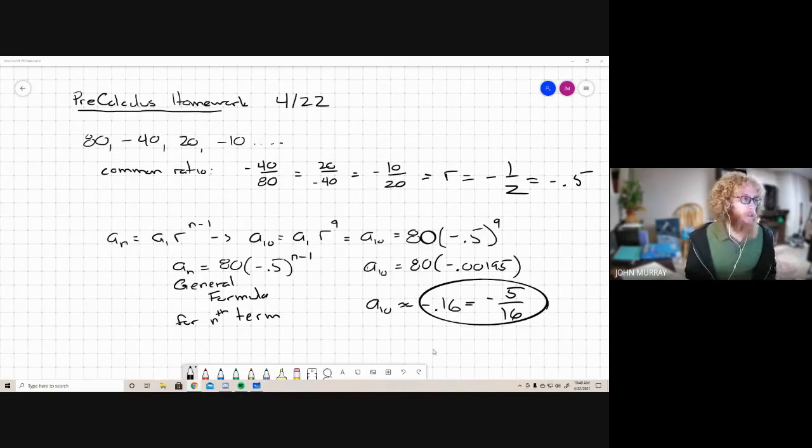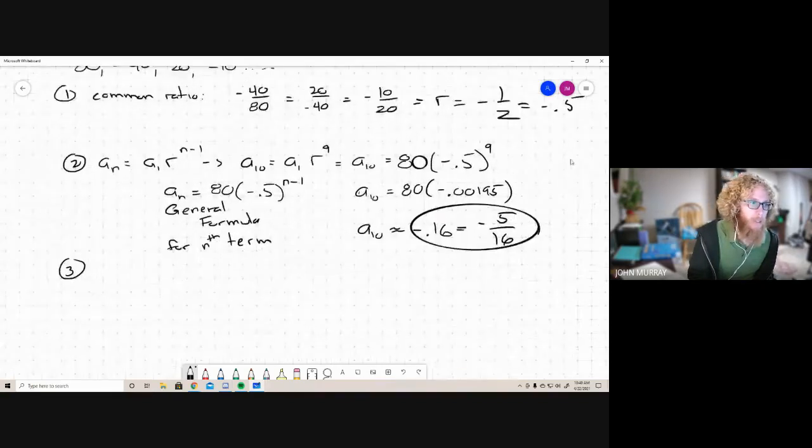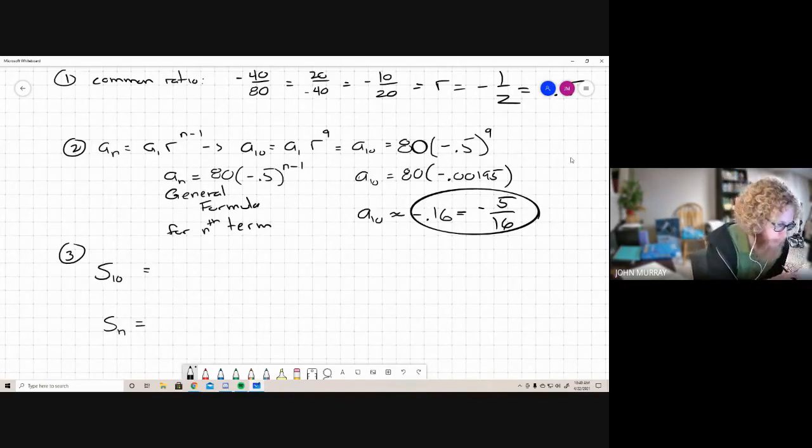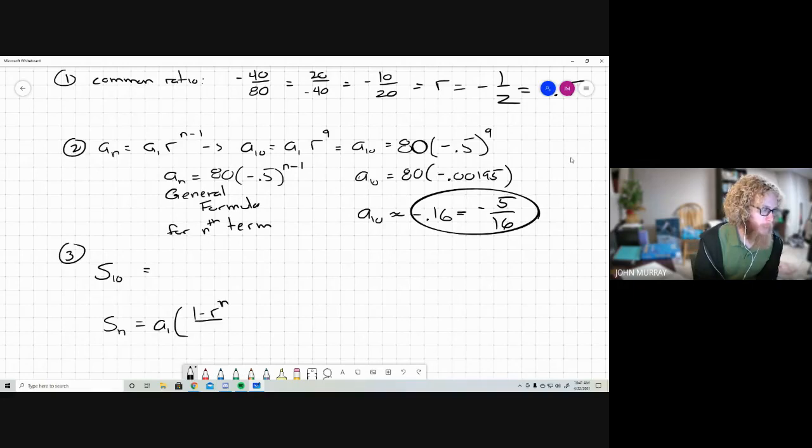So this was 1, this was 2. Then I asked you to find the sum of the first 10 terms, S10. Just a quick reminder, S of n is the first term times 1 minus r to the n, over 1 minus r.